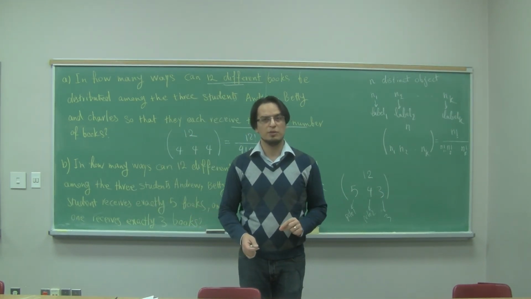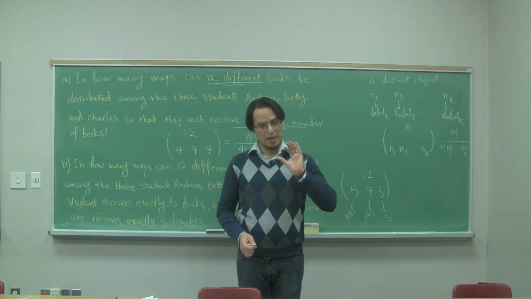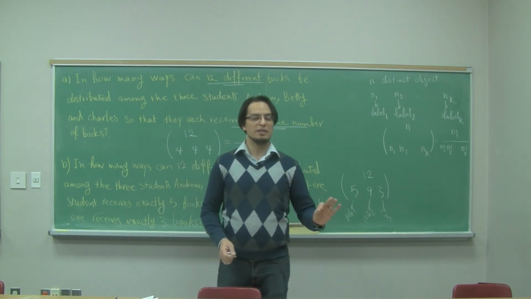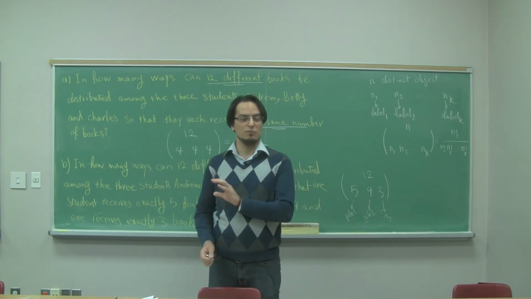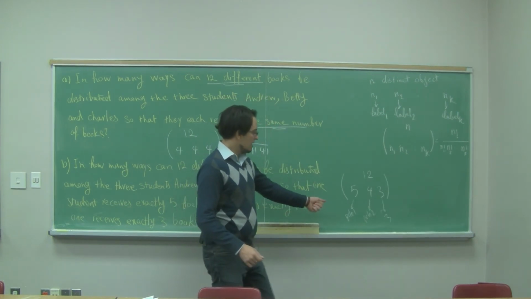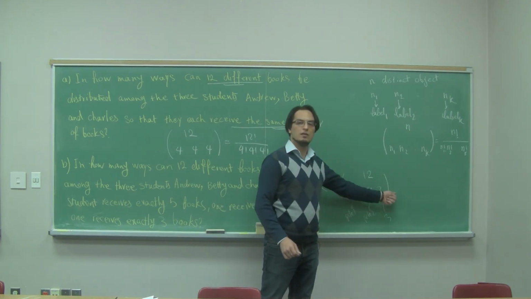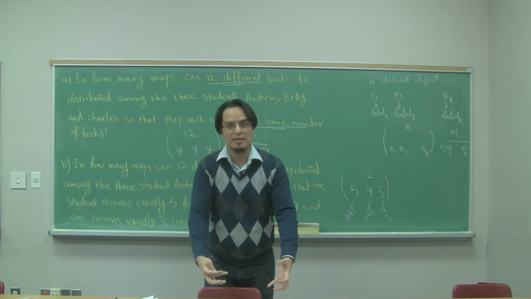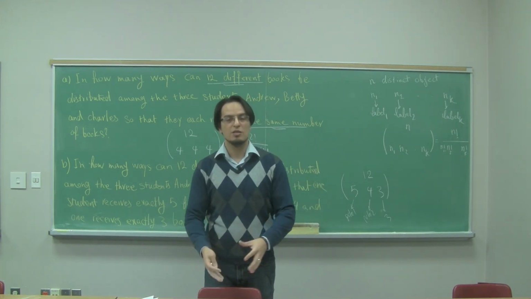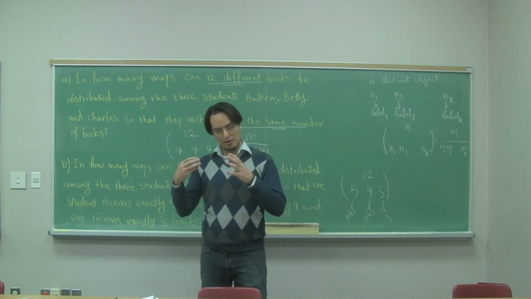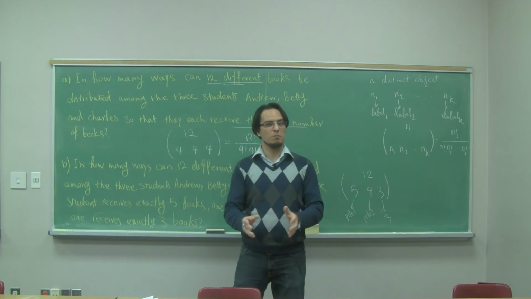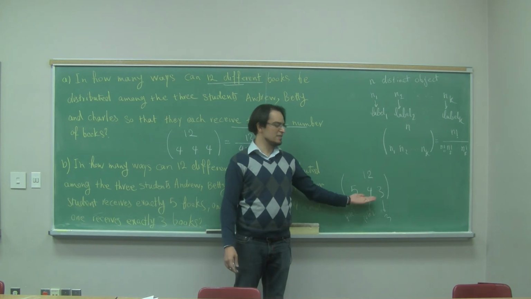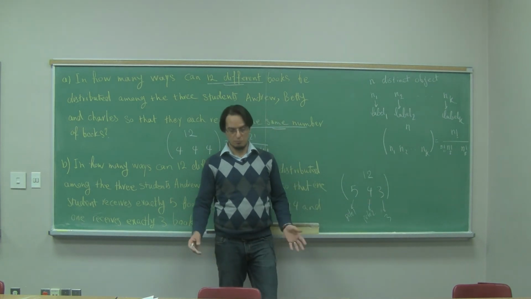There's one important point you have to notice: making piles, teams, groups are not labeling by themselves unless they have something which differentiates them. In this case, the number of books in each pile is different, so the number is basically itself a label. So in the first step, we have 3 piles with different numbers of books, and based on that general theory, we have this many ways we can make these piles.